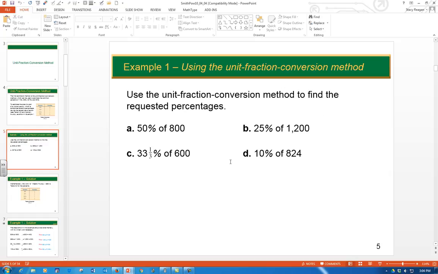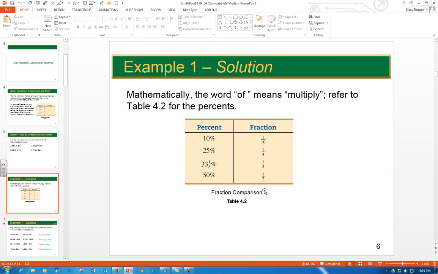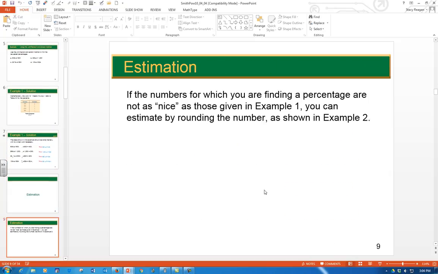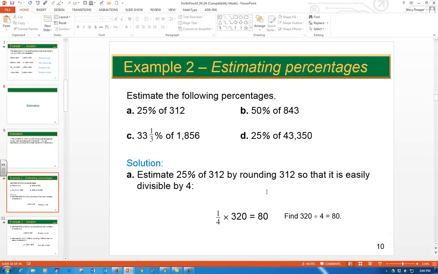That's all you're doing. And these are nice, pretty numbers that are divisible really easily, but sometimes they're not, and you can still get a nice estimate of what's going on simply by changing it to a number that's close to it. So for instance, 4 is not going to go evenly into 312, but if you know your times tables, you know that 4 will go into 32.